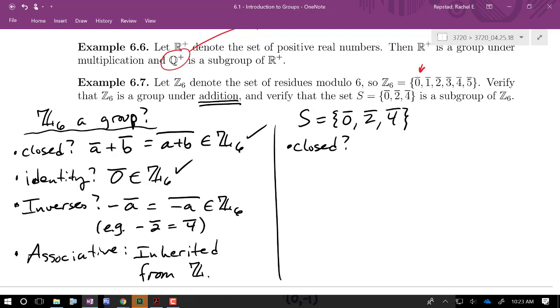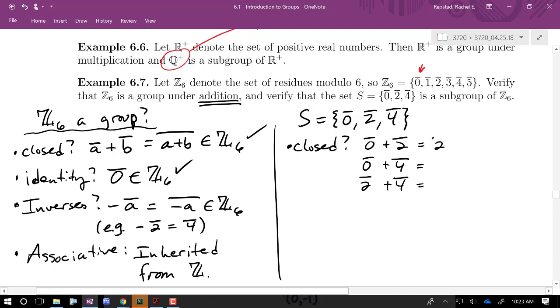For example, there's only 3 sums we need to check: 0 plus 2, 0 plus 4, 2 plus 4. Oh, I guess there's a few more. Hold on. Let's do those 3 first.